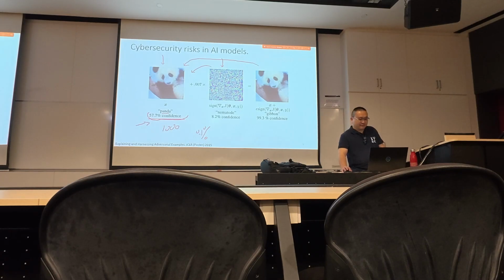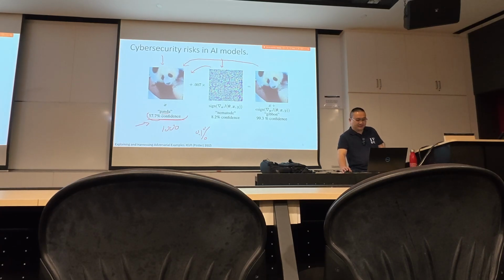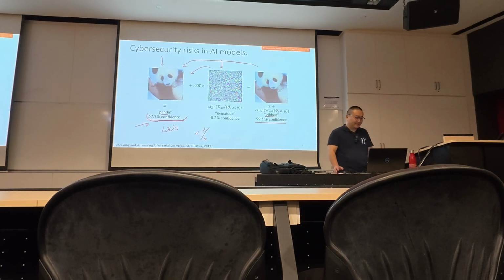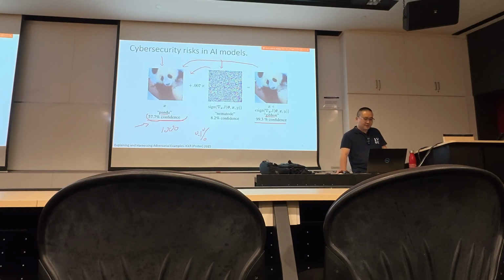However, if we give the image to the model again, the model says, this is not a panda, this is a gibbon. And more interestingly, the model says it is 99% confident that this is a gibbon. After researchers identified this phenomenon, this started the study of cybersecurity issues in AI models.